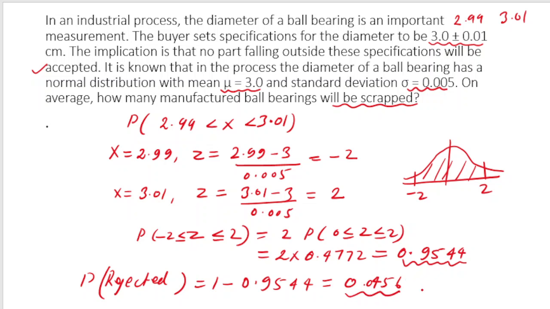If you convert it to a percentage, it is equal to 4.56%. So as a manufacturer, this much of the items that you are producing will be rejected by the buyer, because this percentage of items will not meet the specification required by the buyer.